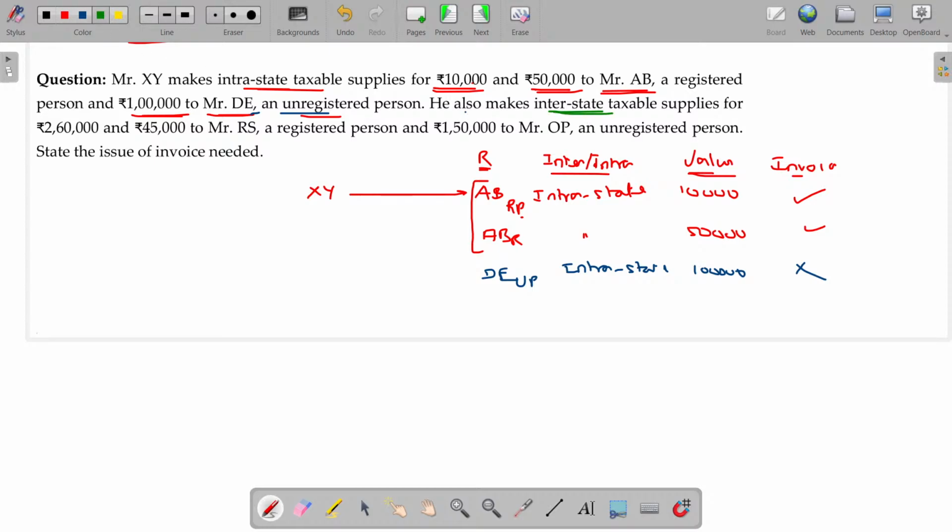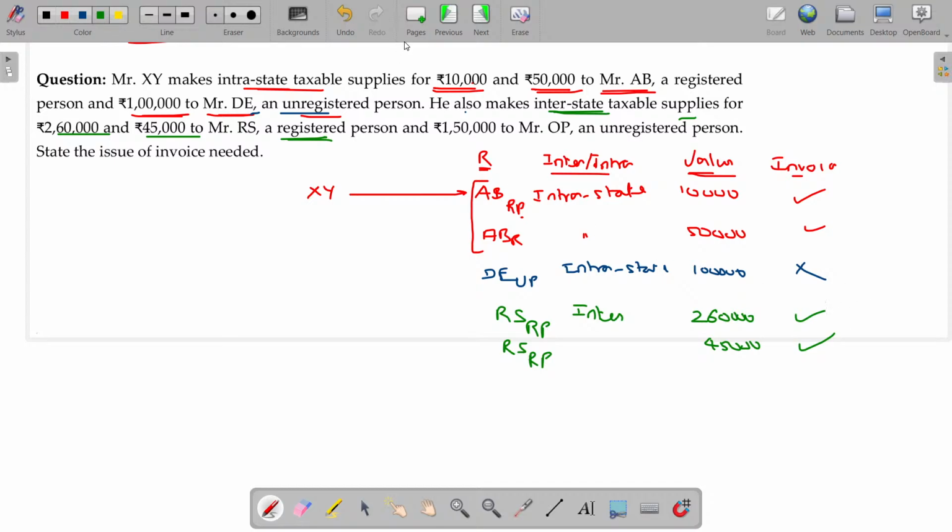He also makes interstate supply. Now this is interstate supply for 2,60,000, 2,50,000, 60,000 and 45,000 to RS, a registered person. Who is he? A registered person means B2B, and B2B, we are in need of uploading the tax invoice mandatorily.